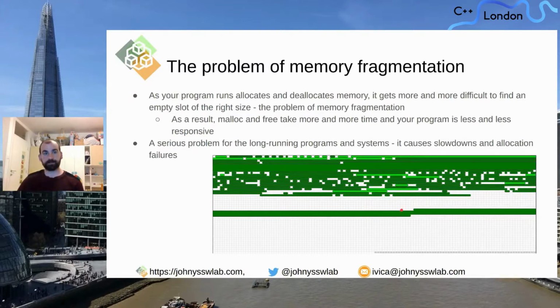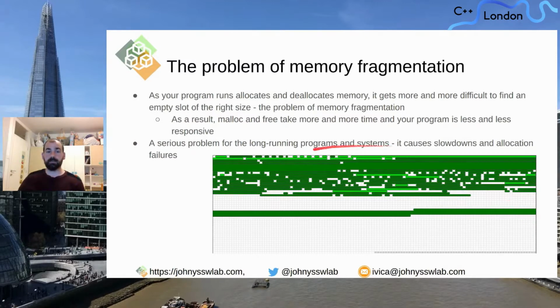As your program runs, it allocates and deallocates memory. As time passes, it gets more and more difficult to find an empty slot of the right size. As time progresses, new and free and delete take more and more time.